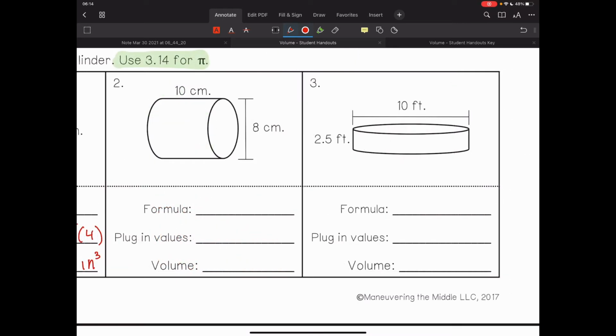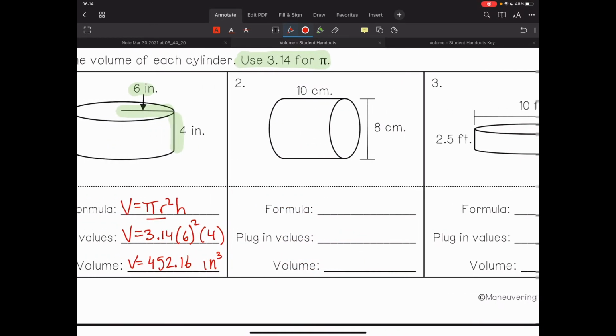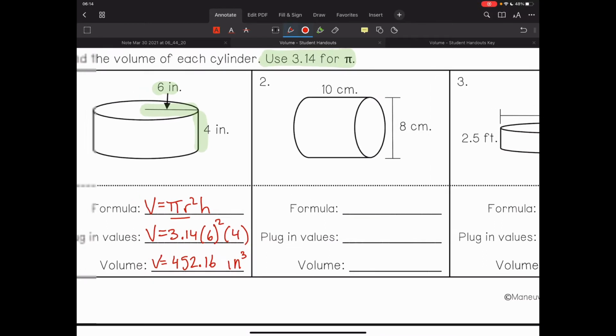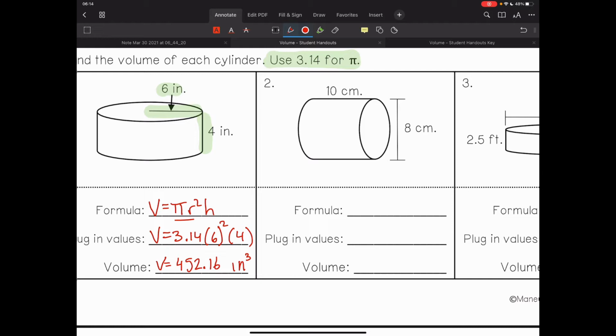All right, so looking at problem number 2, let's compare it to problem number 1 and see if there's anything different. In problem number 2, our cylinder is now on its side. We've got to keep that in mind. This is our height here, 10 centimeters.